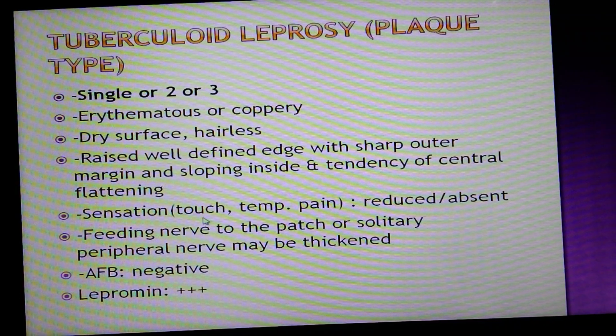Later, sensations such as touch, temperature and pain are reduced or absent. The feeding nerve to the patch may be solitary, and the peripheral nerve may be thickened. AFB will be negative and lepromin will be positive.